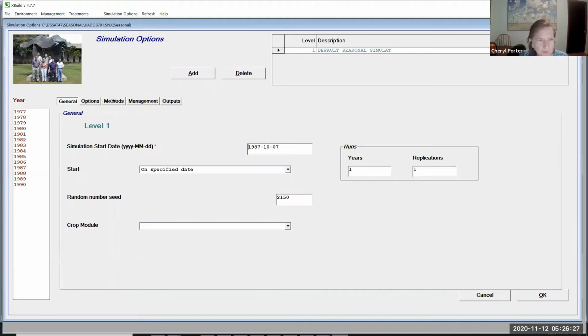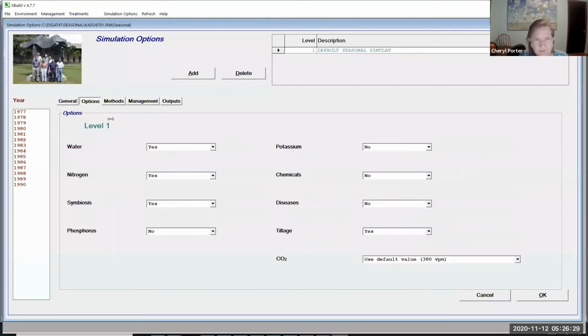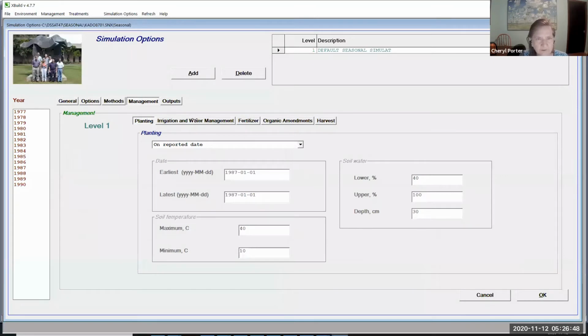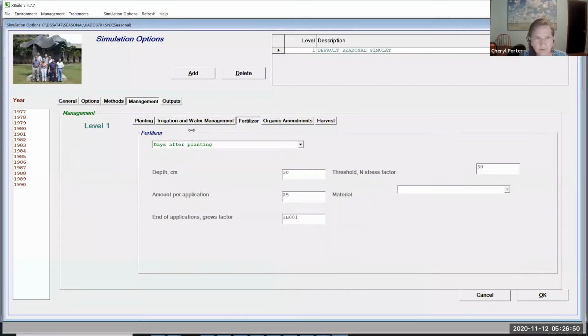Okay, the other thing I want to show here is, under options, that we set the CO2 to be a constant value. It is the default setting; it always stays stable and does not change. And also under management and fertilizer, I chose the days after planting.